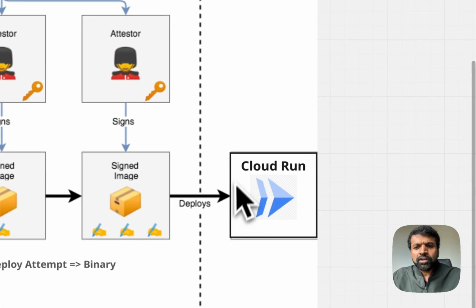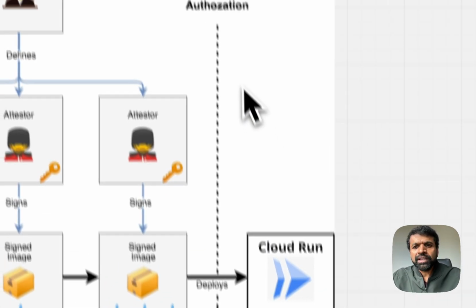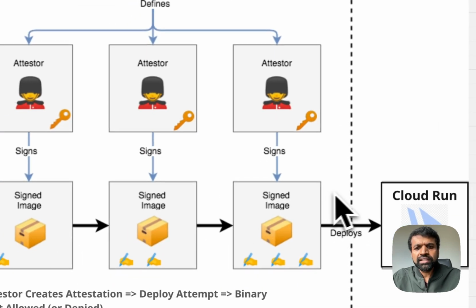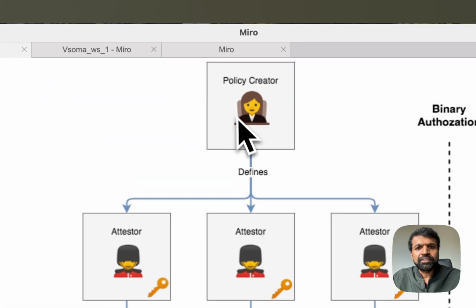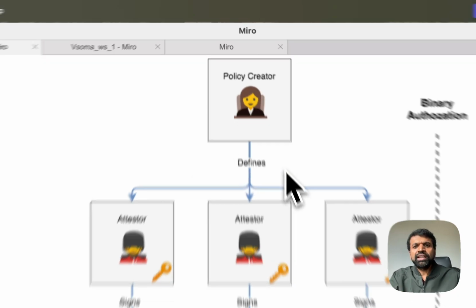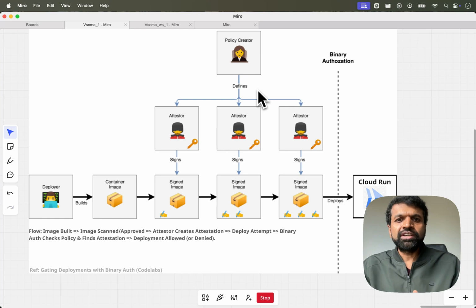When containers are deployed onto Cloud Run service, then binary authorization requires that the container images consist of the digital signatures, which are referred to as attestations, created by the attestors based on the policy that is defined. So here, the policy creator is defining a set of rules through the policy creation.